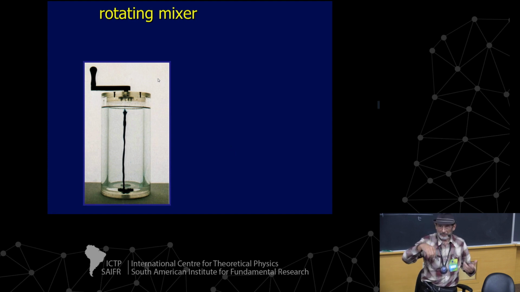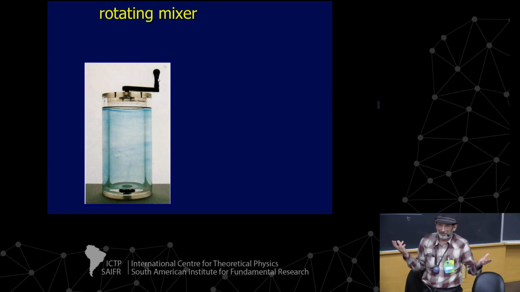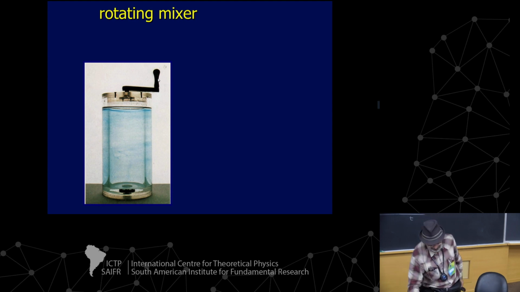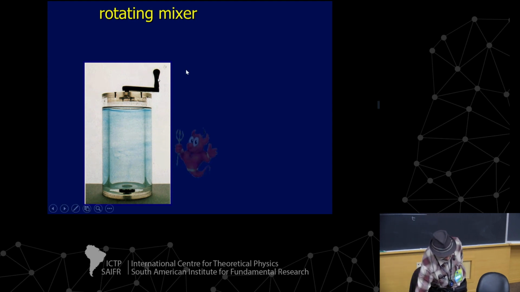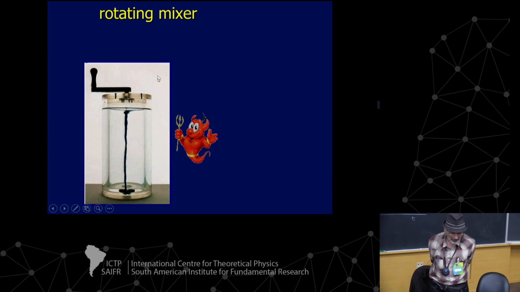Inside there is glycerin, some sticky oil, and you put a column of tinted glycerin. You have a handle, and you start turning the handle. After 20 turns, it looks mixed. But if you turn the handle backwards, as you see in that photograph from Hahn's sequence, it comes back.